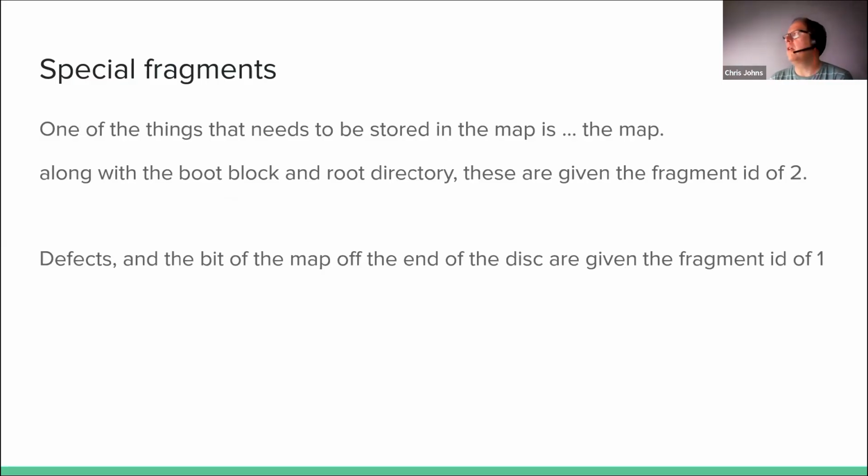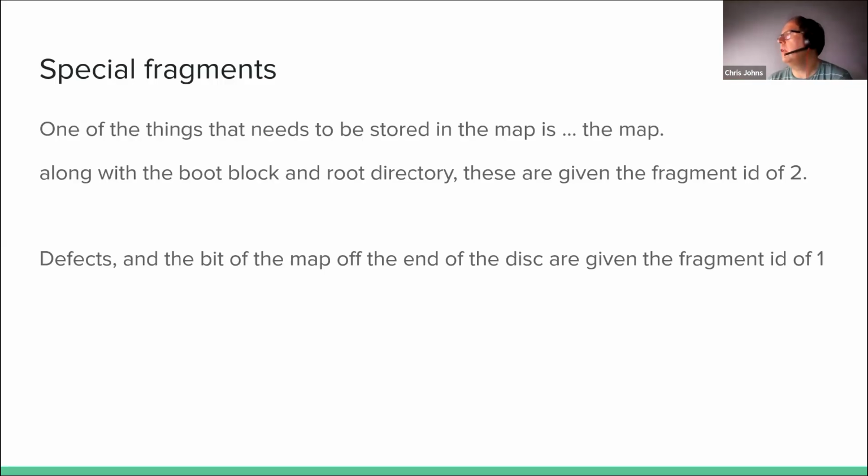Along with the boot block and the root directory, it is actually given a special ID of 2. It's treated slightly differently. The map's always in the middle of the disk, so the ID doesn't relate in the same way as all the others as to how far in the disk it is. It's 2, it's the map, it's in the middle.